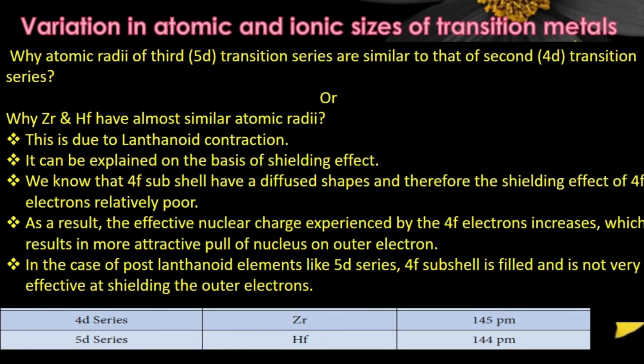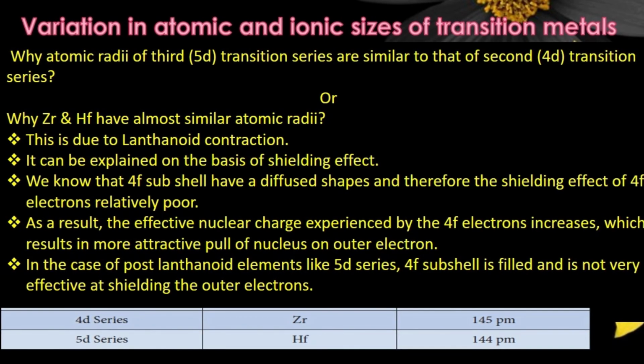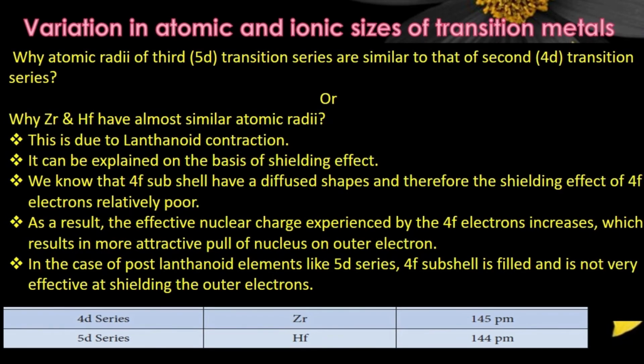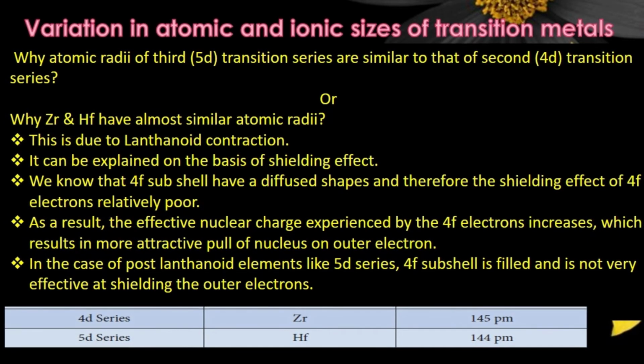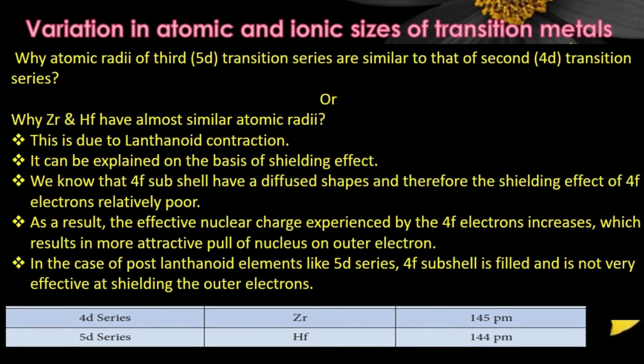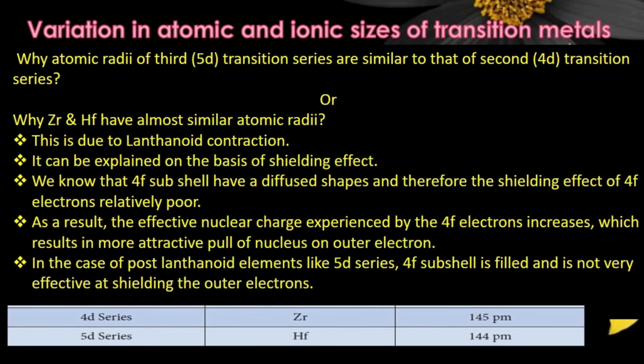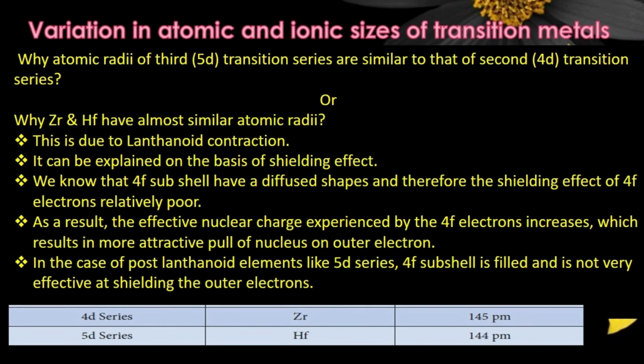The electrons present in inner shells shield the outer electrons from nuclear charge, making them experience a low effective nuclear charge. The shielding effect exerted by the electrons decreases in the order: S has got better shielding effect than P, D and F orbitals.